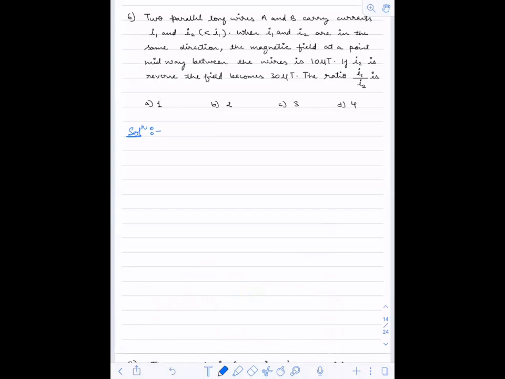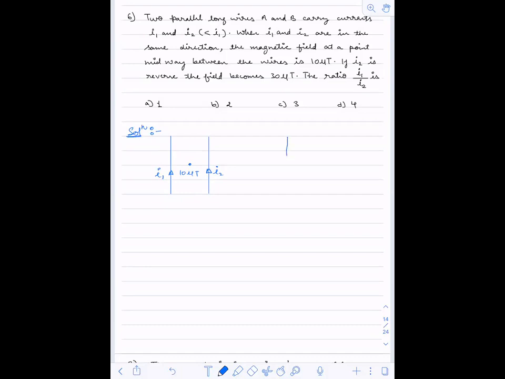When I1 and I2 are in the same direction, the magnetic field at the point midway between the wires is 10 microtesla. So this is I1, this is I2.